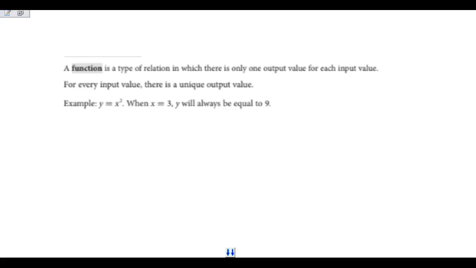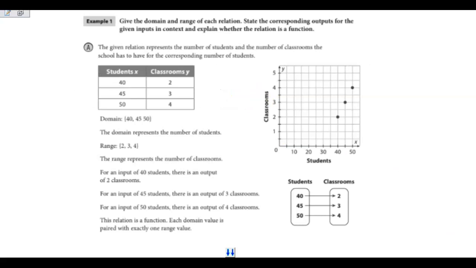In the example, y equals x squared. When x is 3, y will be equal to 9. It has one unique value. I can give the domain and range of each relation and state the corresponding outputs for the given points in context and explain whether the relation is a function. So in this table, my domain is my x values, so I have 40, 45, and 50. The range is my y values, 2, 3, and 4.